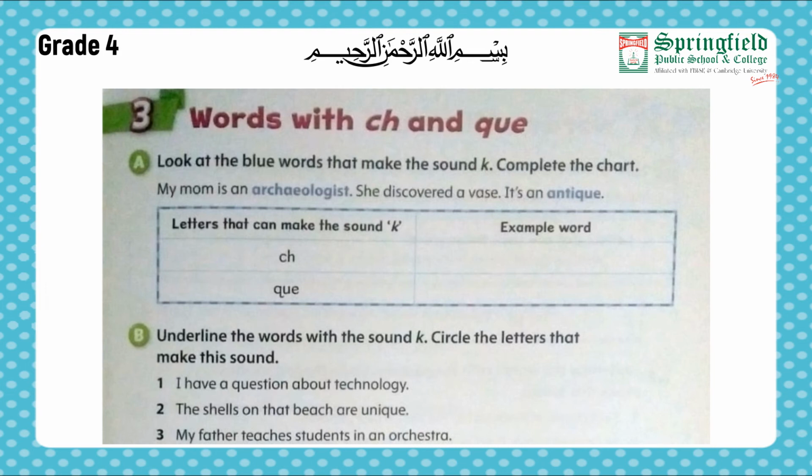Now let's move towards part B. Underline the words with the sound K. Circle the letters that make this sound. I have a question about technology. Now over here we are going to circle the word question and we are going to circle the word technology. And then we are going to underline QUE in the word question and CH in technology.